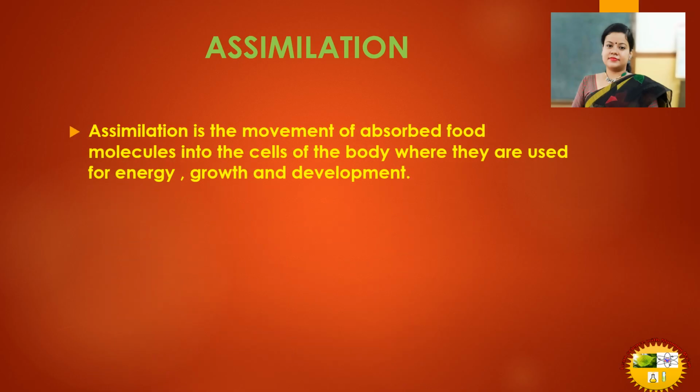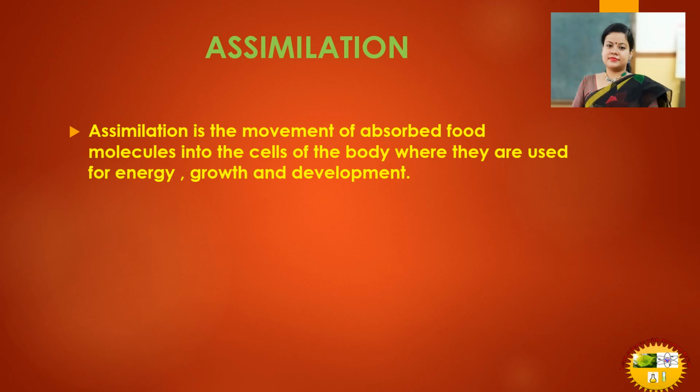Assimilation is the movement of absorbed food molecules into the cells of the body where they are used for energy, growth and development. If we summarize, we take complex food, protein, carbohydrate or fat.